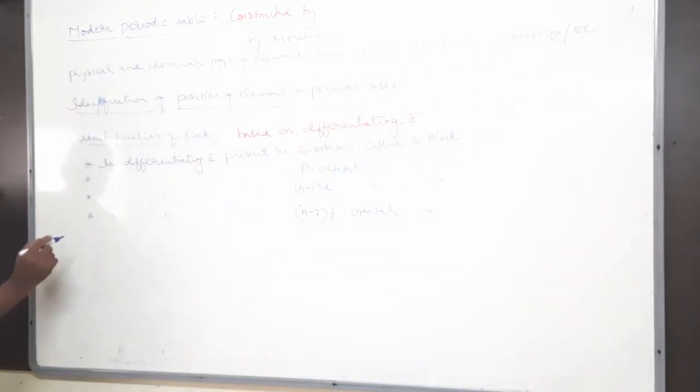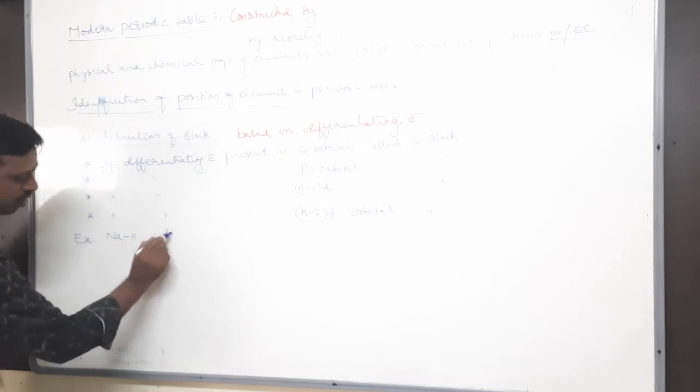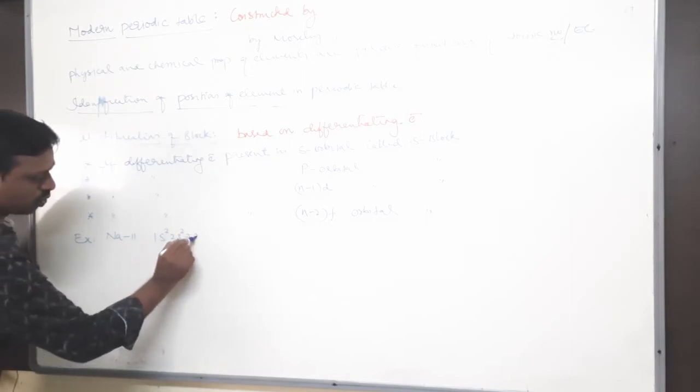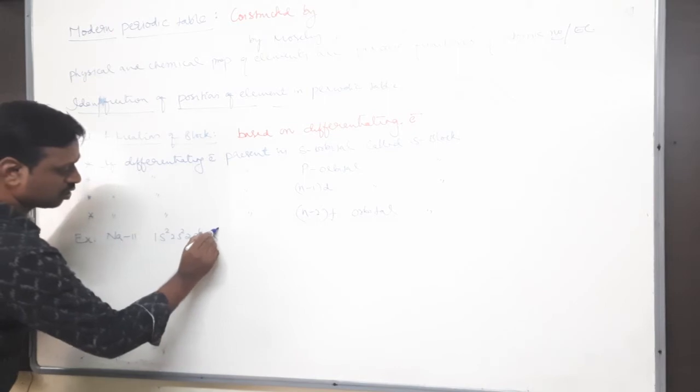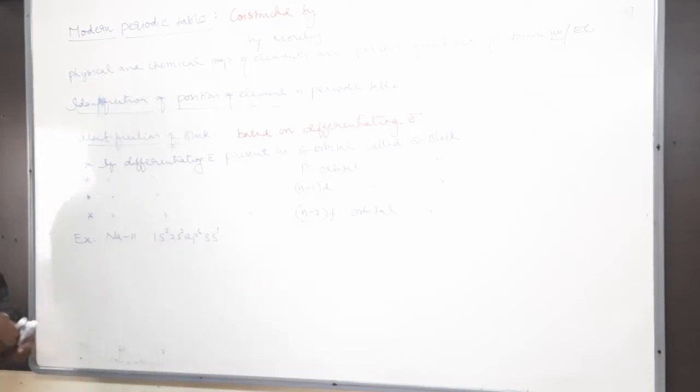For example, let us take sodium. Atomic number 11. Write the electronic configuration: 1s2, 2s2, 2p6, 3s1. Yes or no? The atomic number of sodium is 11, no? So this is the electronic configuration.